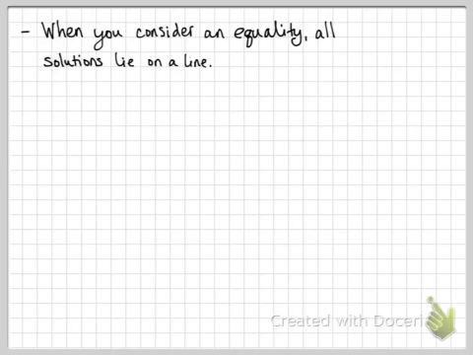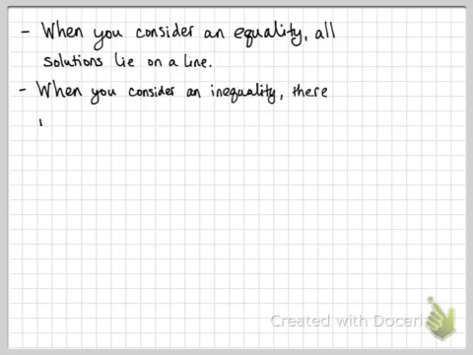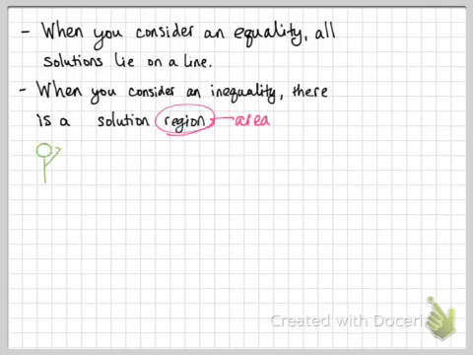When you consider an inequality, however, solutions can be on the line or above the line, and this is a new vocabulary term. It's called the solution region, because this forms like a physical area that you're looking at on the plane. So let's recall a few more things from your pre-algebra days.